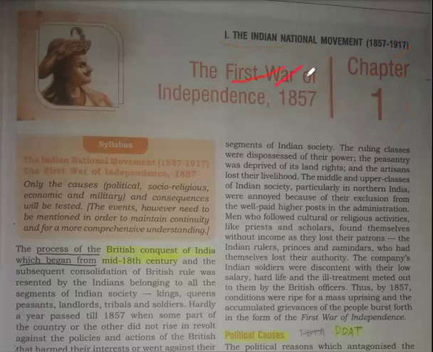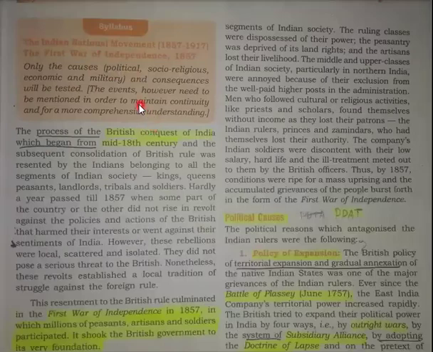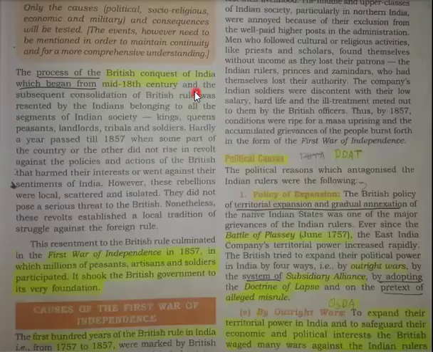So the first war of independence, 1857. This was also known as revolt. So what happened in this 1857?